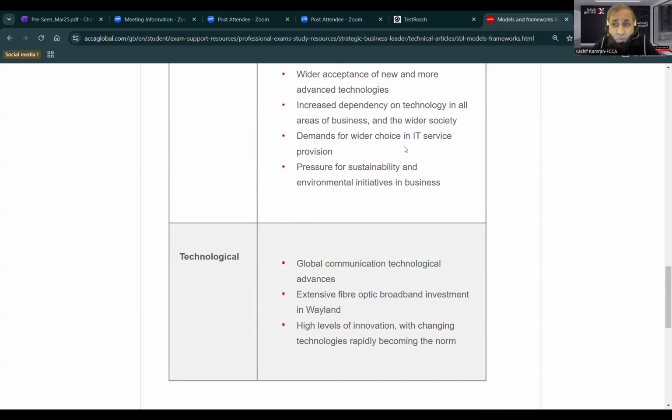But you have to read the requirement, then only you can conclude. Requirement and exhibit both have to be read, then only you can conclude which is the right model to go ahead with. Just like in the previous requirement, it was saying risk assessment framework but we didn't know which one, but when we read the exhibit we got clear that it is the TARA model. Now, over here in exhibit number 1, we have been given a PEST analysis, but let's see the requirement to conclude whether we have to use PEST or not.